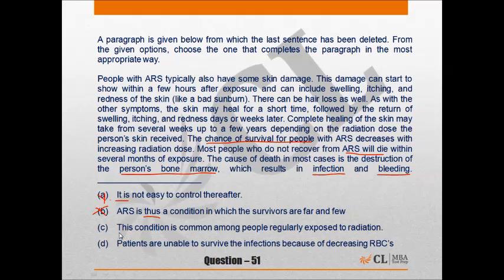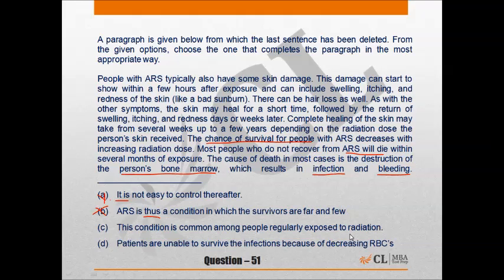Option C says this condition is common among people regularly exposed to radiation. Now, the second last line of the paragraph states that the cause of death of people suffering from ARS is that their bone marrow gets destroyed. And from here, we cannot abruptly move on to discussing who are the common sufferers of the disease.